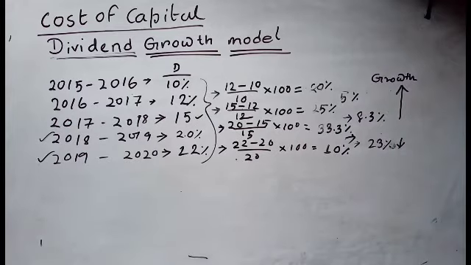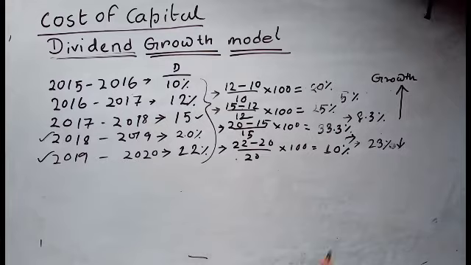So this is the concept of dividend growth. If the dividend is growing, the earning per share will grow. In case a company's dividend is growing, you need to choose this particular company.